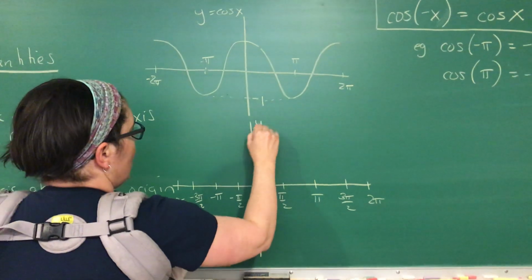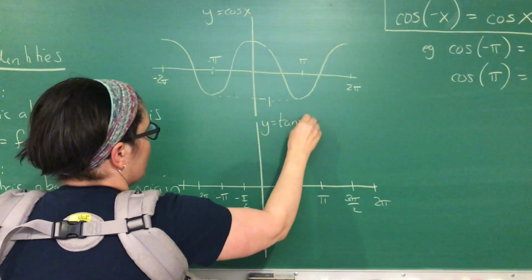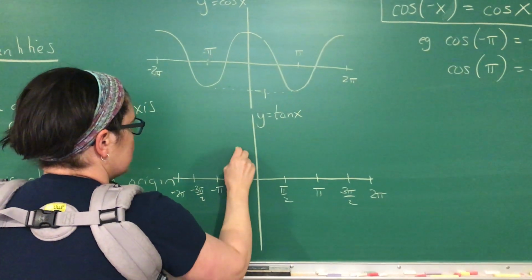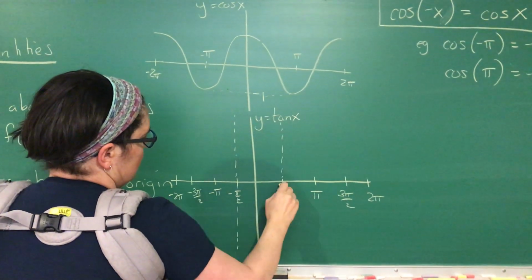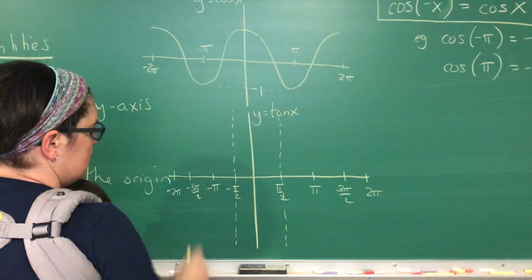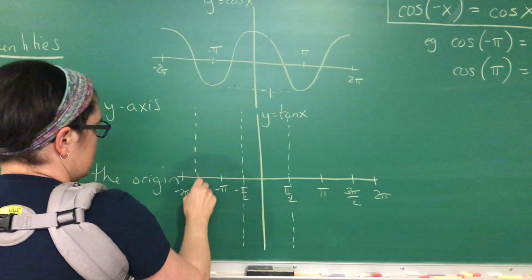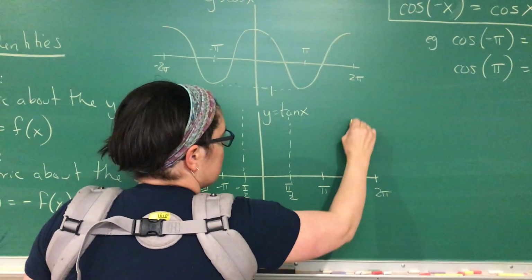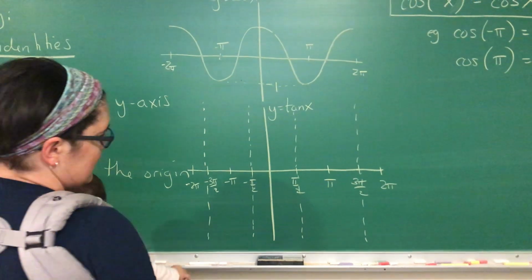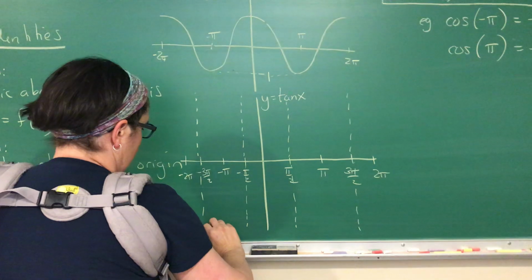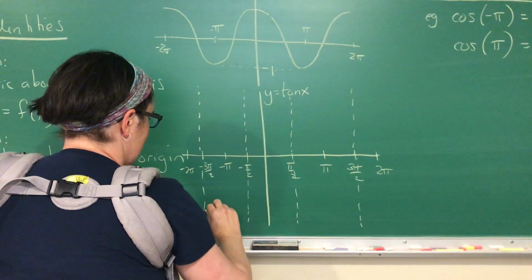And for y equals tangent of x, we have vertical asymptotes at negative pi over 2 and positive pi over 2, negative 3 pi over 2, positive 3 pi over 2. And in between those vertical asymptotes, we have what I like to call spaghetti branches.